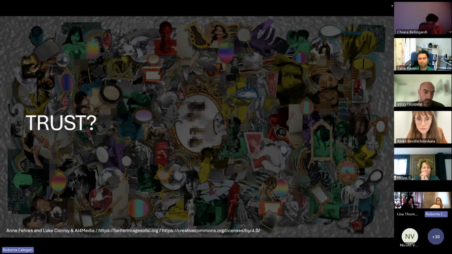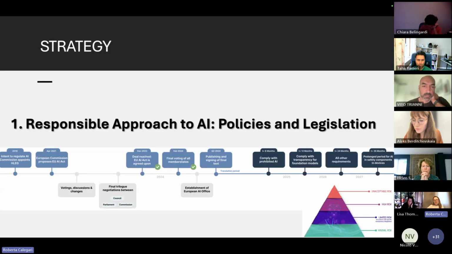So the main issue that we have here today is an issue related to trust. How can I trust an AI system if what I presented so far is true and it is happening? How can I rely on the AI system to support my decisions if I know that this stuff can happen? So we need to generate trust. And to generate trust, first of all, we need an approach that goes through policies and legislation.